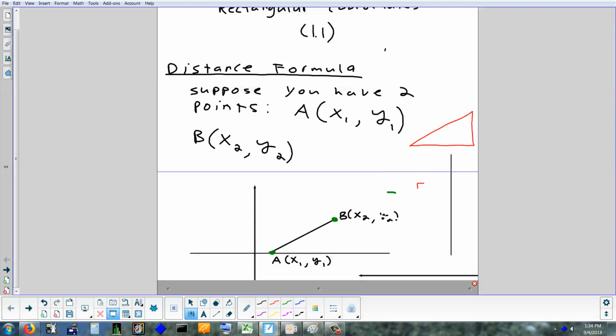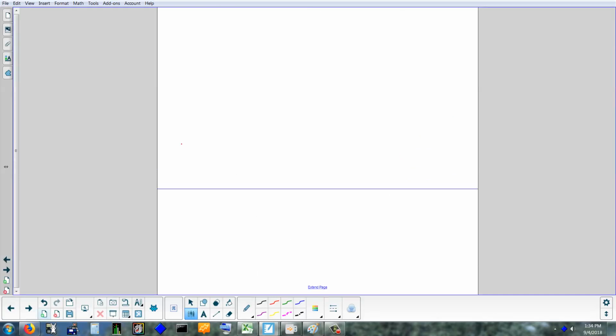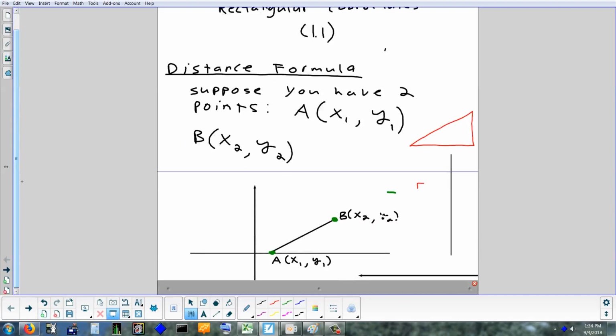Now, if point B was right on the x-axis, that would be a lot easier. If I had an axis and a point here and a point here, lined up straight like that, all I'd have to do is count how many units. But when it's on an angle, I can't do that.